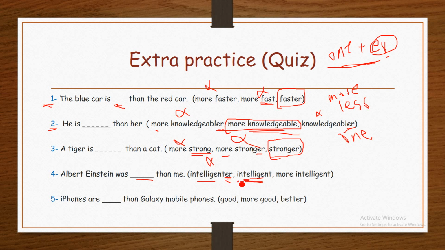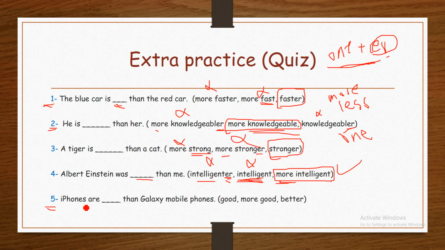It's not a comparative adjective. Therefore, it is not correct either. More intelligent is the correct answer. Why is it correct? Because it has more than one syllable, and for the comparative form, we add more or less. Here, more is added. Albert Einstein was more intelligent than me.